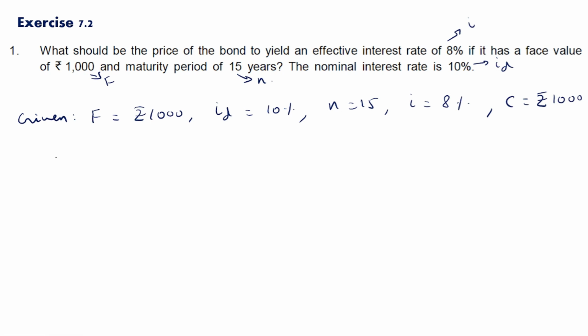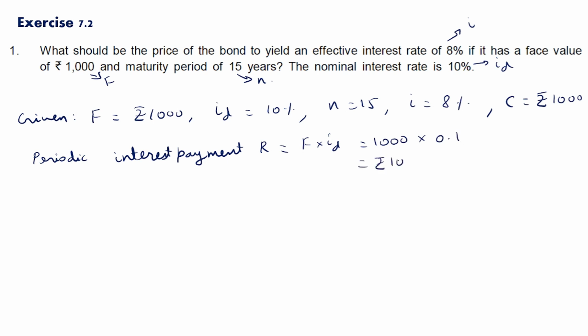So first let us find the periodic dividend payment, or interest payment. Periodic interest payment R is given by F into ID. So it is 1000 into 10%, that is 0.1. So this is rupees 100.